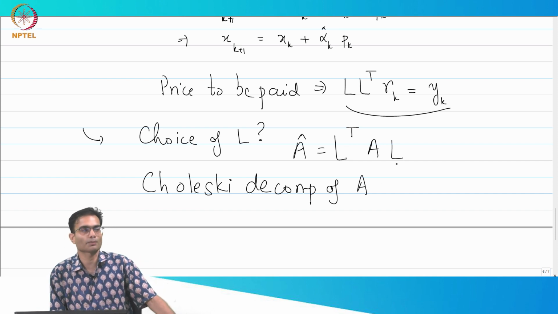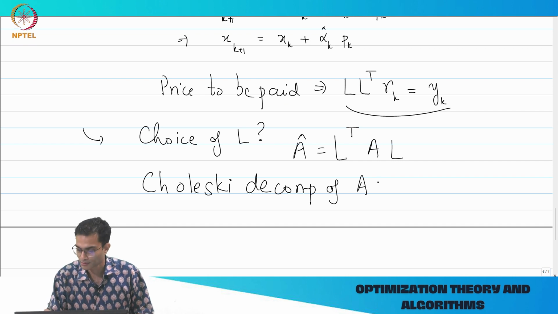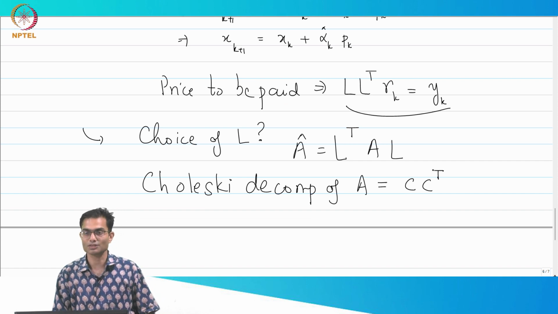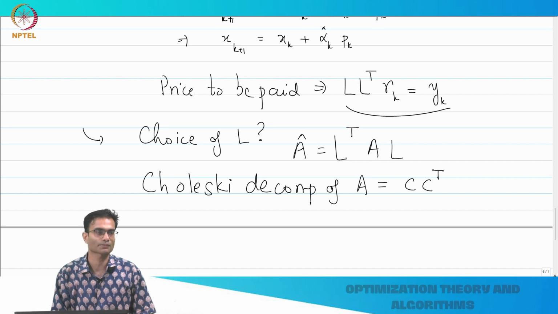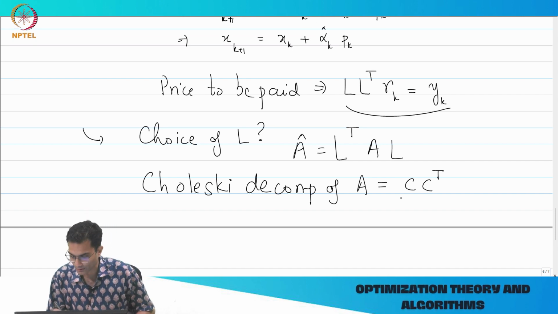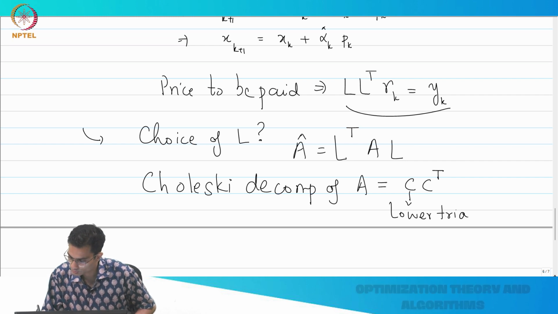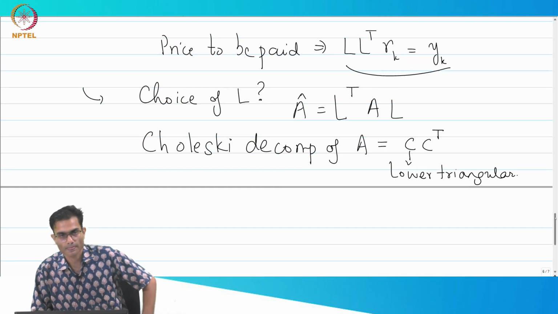The Cholesky decomposition of a symmetric positive definite matrix A is a very nice result: A equals CC transpose, where C has some property. What is that property? Has anyone heard of the Cholesky decomposition? C is lower triangular.